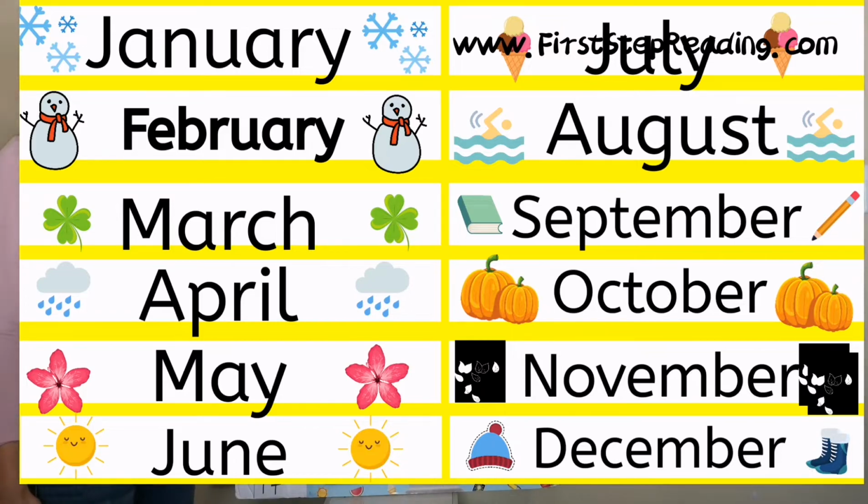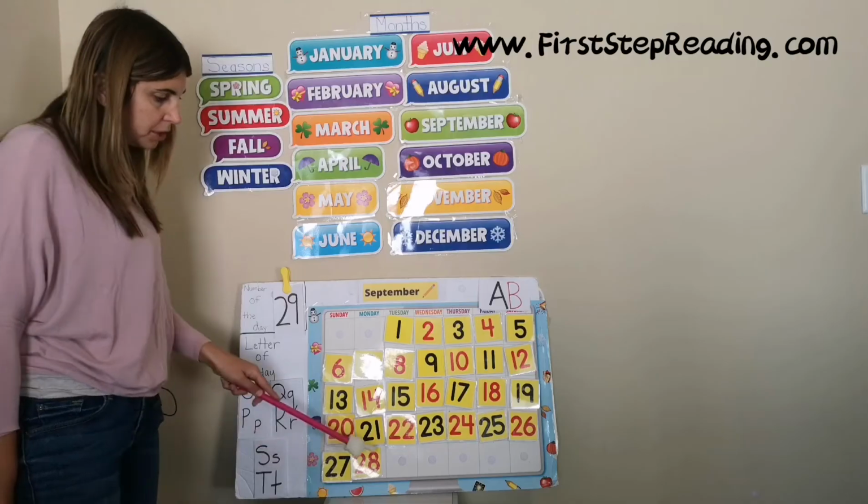September comes after August and before October. We're going to try to figure out what the date is in September. We're going to do that by counting.